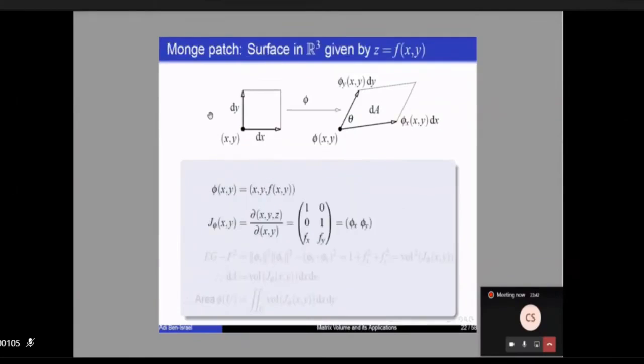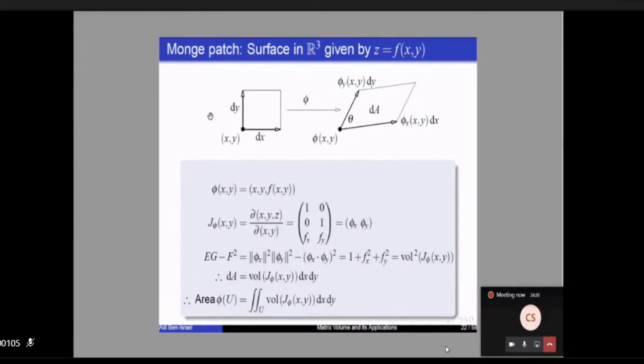And to show this, keep the same picture and consider the mapping phi that takes xy into xy and z, which is itself a function small f of xy. The Jacobian is 3 by 2, and there it is, and its columns are phi x and phi y as before. EG minus F squared, if you do the arithmetic, is 1 plus fx squared plus fy squared, and it is just the volume squared of the Jacobian using our definition.